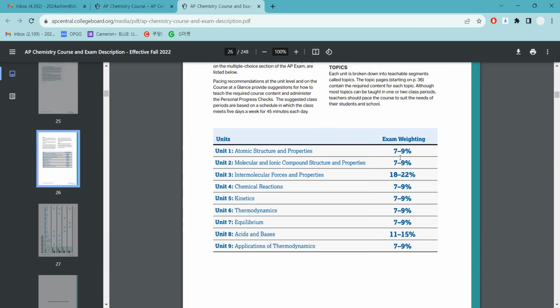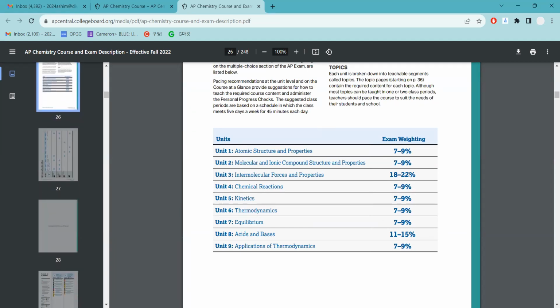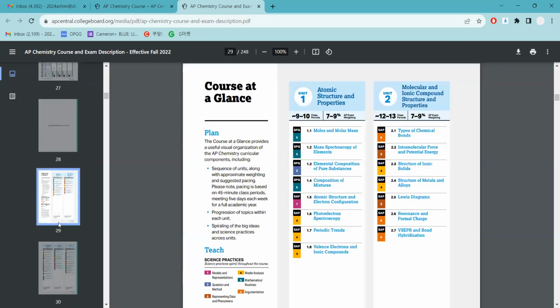To be fair, you can see that some units are higher than others, but honestly they are all intertwined with each other, so you basically have to know everything. If you don't know this unit, for example, then you can't solve some questions, because this unit is directly connected to this question in an FRQ or an MCQ. So just know everything and don't think about what is higher and lower in the exam weighting.